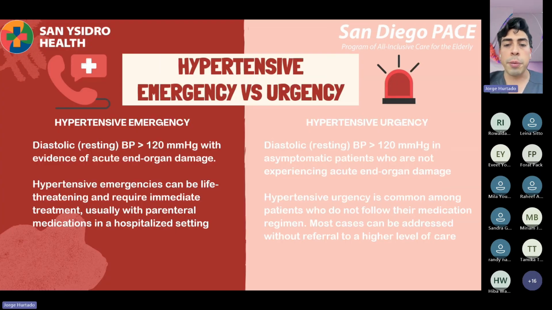Now, what's the difference between a hypertensive emergency and an urgency? These are high blood pressure numbers, usually over 120. Usually when we diagnose hypertensive urgency or emergency, we're going to see both numbers above 180. The difference between one and the other is that we're going to find end organ damage.